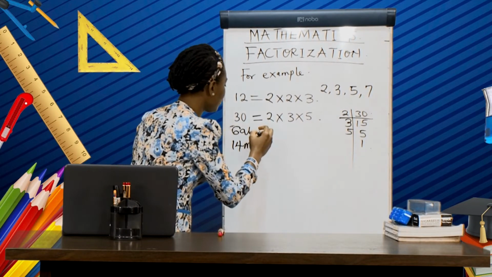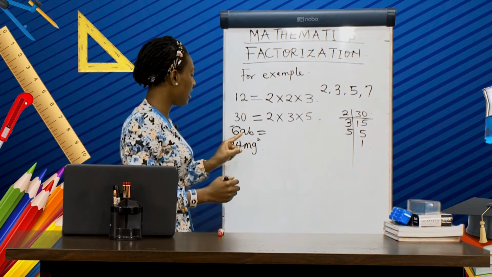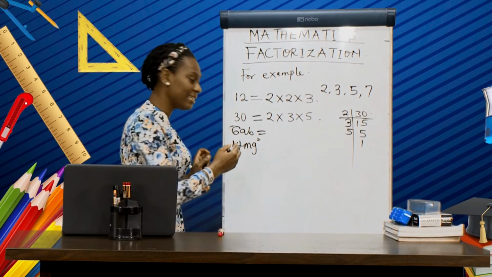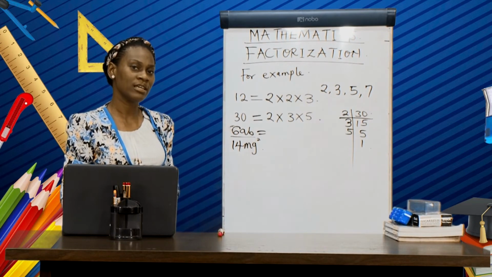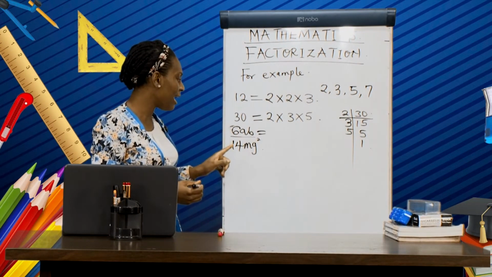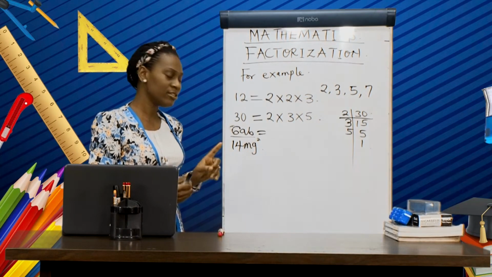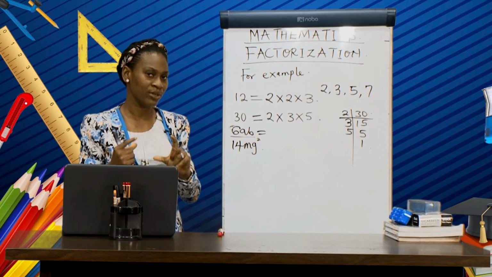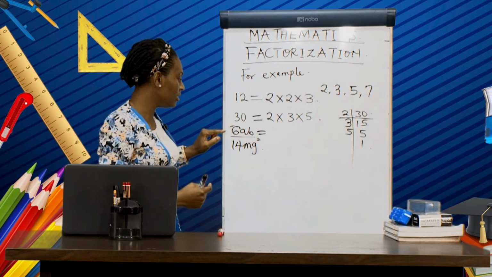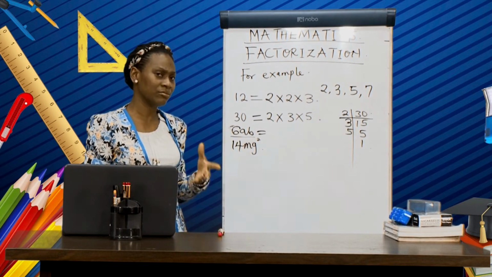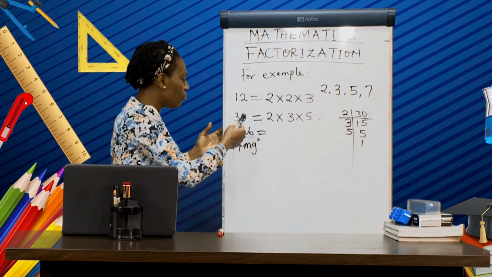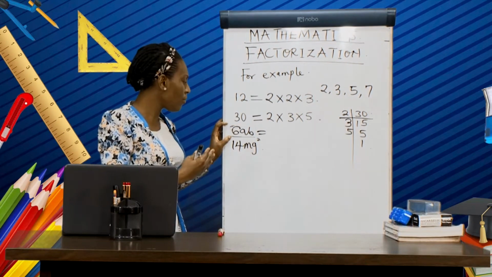So the next one is 6ab. This is an example of an algebraic term because it is made up of numbers and letters. So how do we break this down? It's also simple. We break the number down first. The number here is 6.